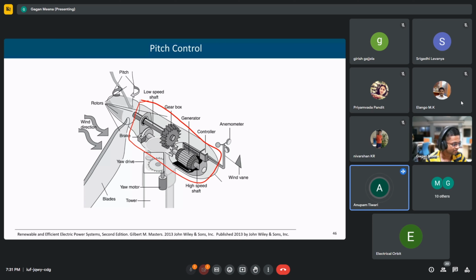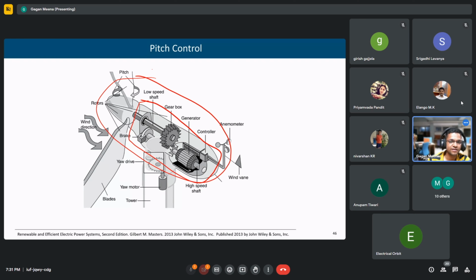Pitch is for the blade only. Yes, correct. Pitch is for the blade. This box is over the tower, and this is a tower.